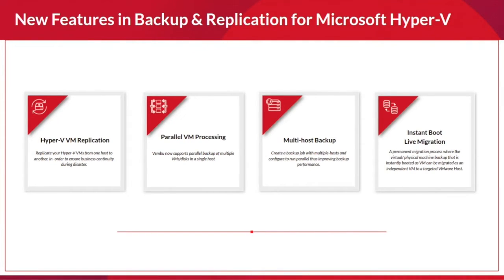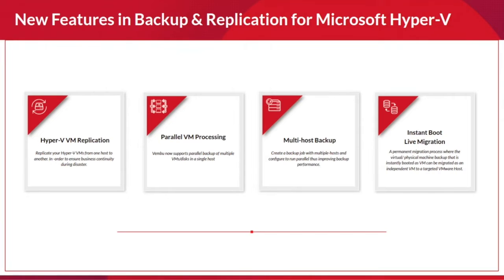When you enable this live migration option, what happens is that the temporarily mounted data will be changed into a permanent one. So you can make that permanent, and you can lose the ties, or you can make that an independent virtual machine, and you can use your data from that.